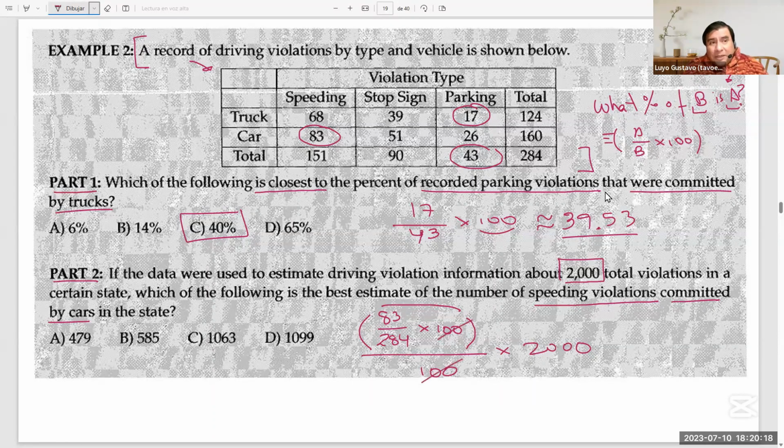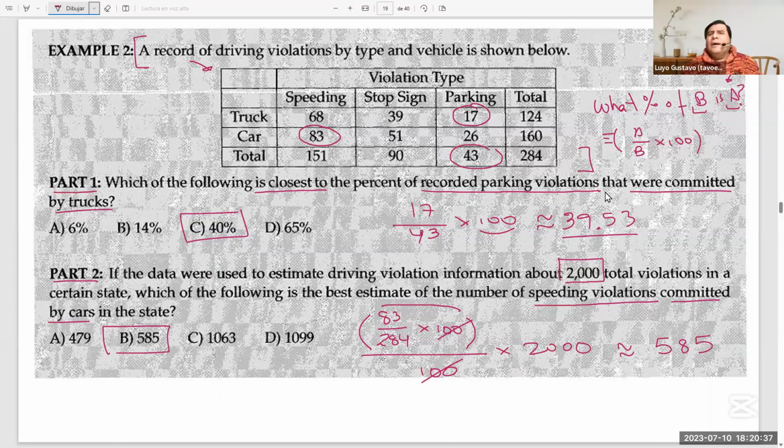This cancels with this, so it's just 83 over 284 times 2,000. If you do this in your calculator, then you get a value close to 585, option B. That would be the answer.